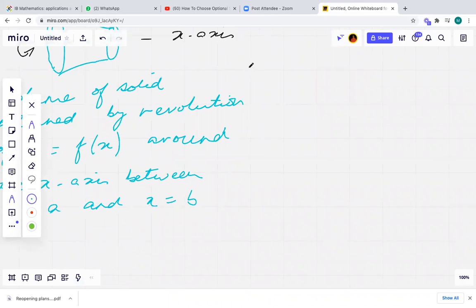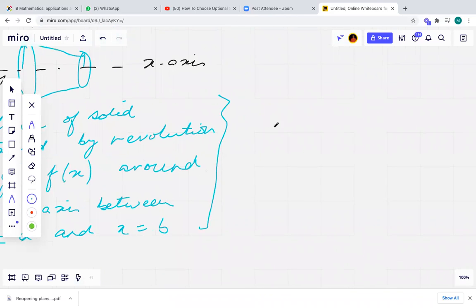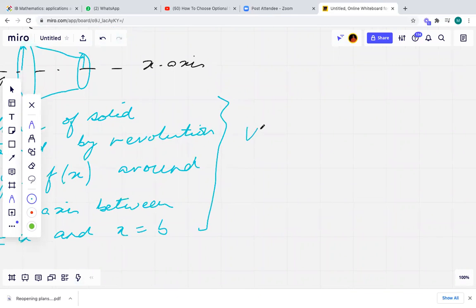Now this volume V is equal to pi times integral of y square dx between x equal to a and x equal to b. Now this formula is given in your formula booklet.